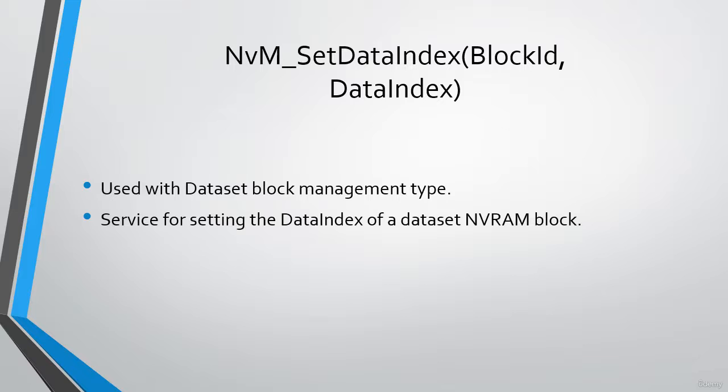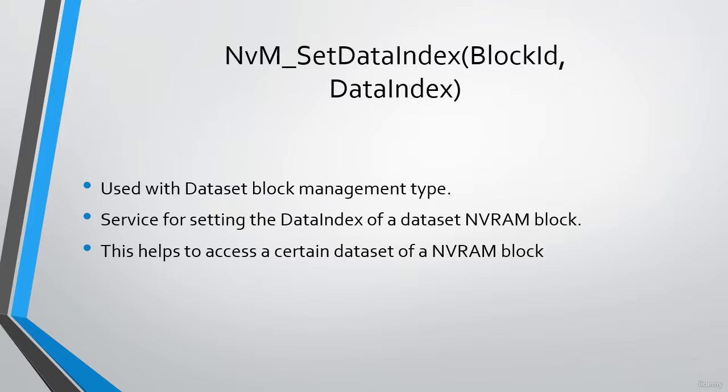So if we need to access a dataset, the first thing we need to do is set the dataset index. And this API will help us to do exactly that, to set the dataset index. And this helps us to access a certain dataset of NVRAM block. Okay, so we will be able to access the dataset.